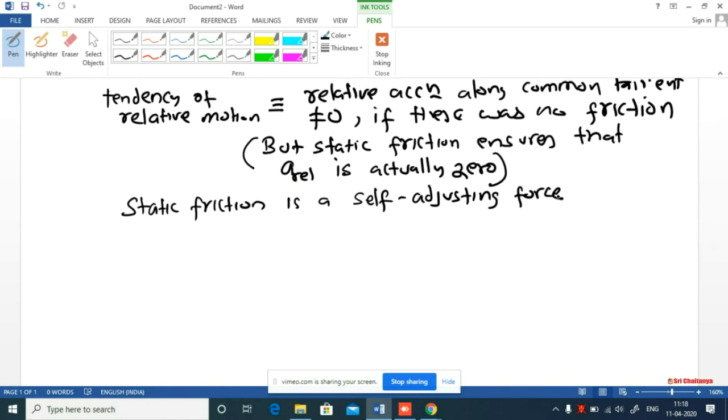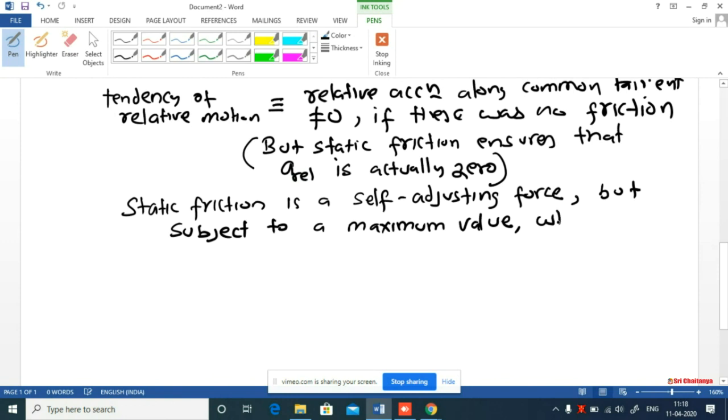So we say static friction is a self-adjusting force, but subject to a maximum value, which we call limiting friction, F limiting.